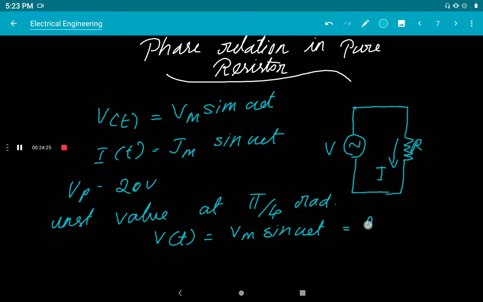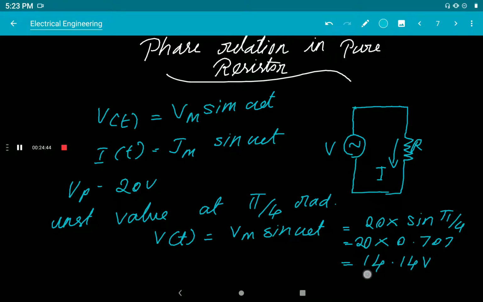So we can substitute 20 into sine pi by 4. What is sine pi by 4? That is 0.707. So 20 into 0.707 gives 14.14, which is the instantaneous value of that voltage at this particular instant.